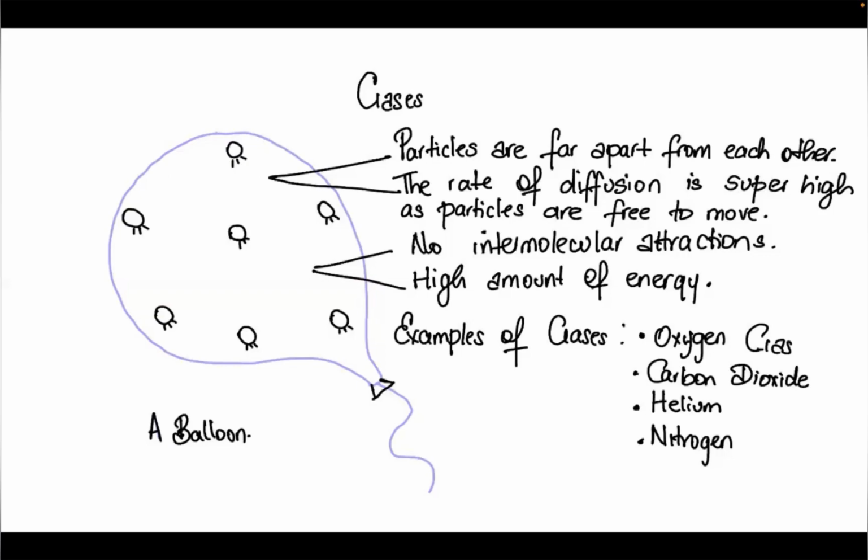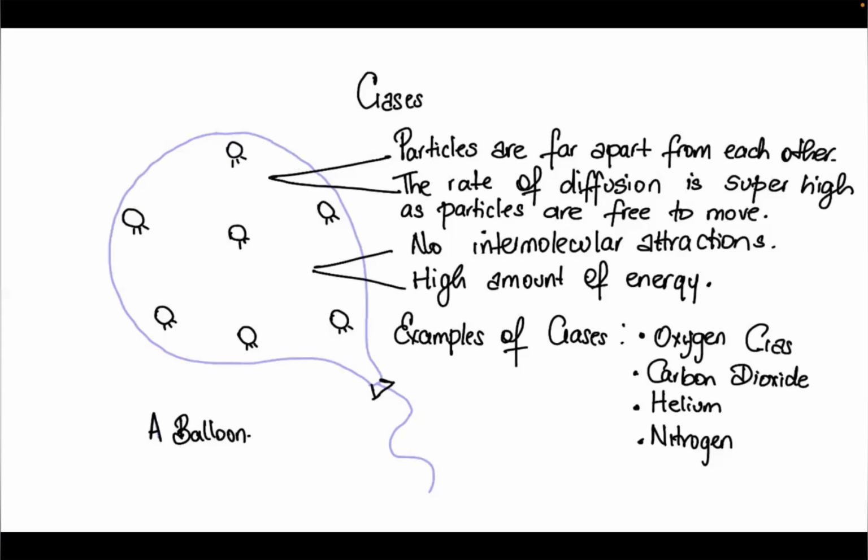Now, because the particles are so far apart from each other, there are no intermolecular attractions between them. And unlike liquids, which take the shape of their containers, gases will fill whatever containers they are in. The particles are moving in all sorts of directions.